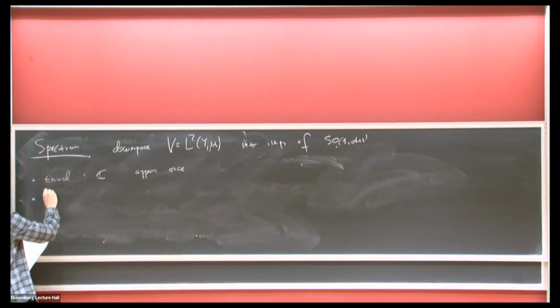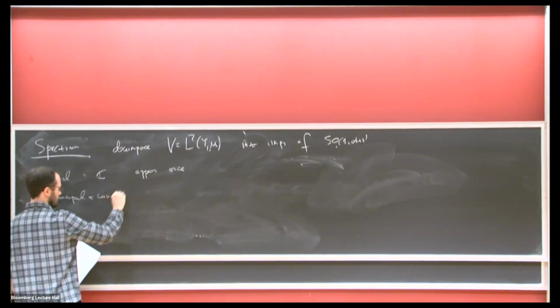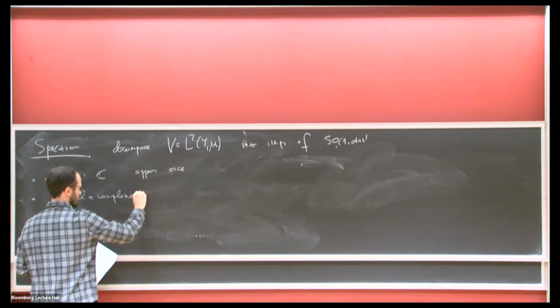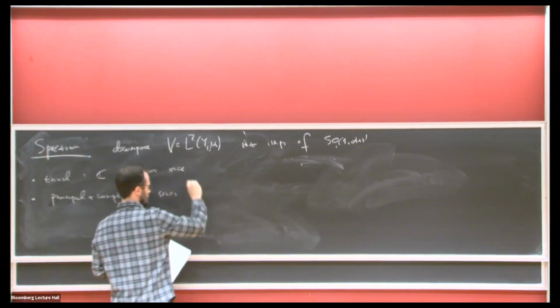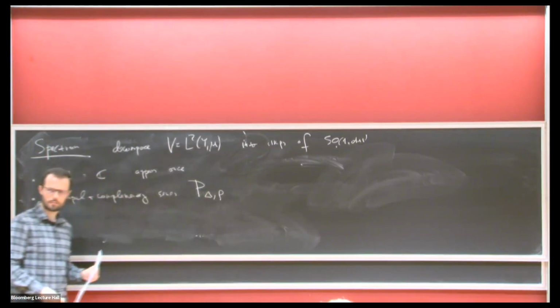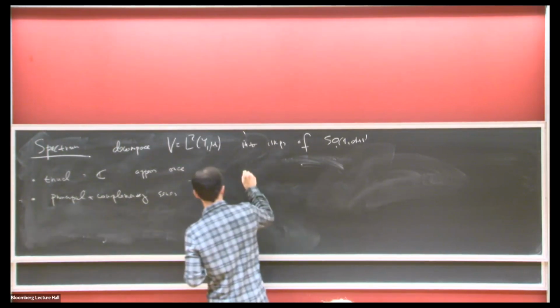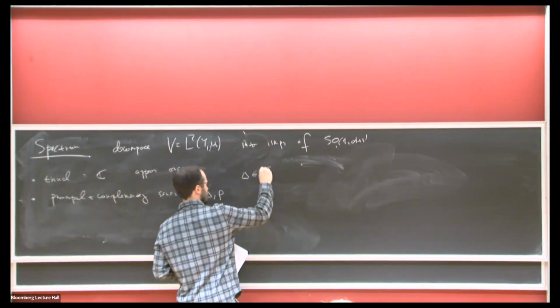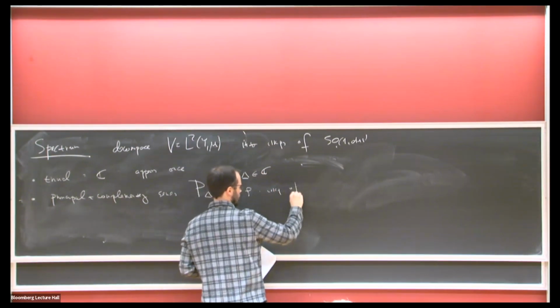The most important class for us are the principal and complementary series. These are infinite dimensional, and they are labeled by the same set of data as local primary operators: scaling dimension and spin. So delta is some complex number now, and rho is an irrep of SO(D).